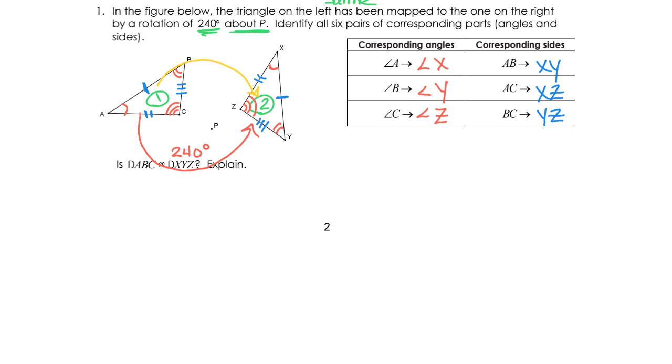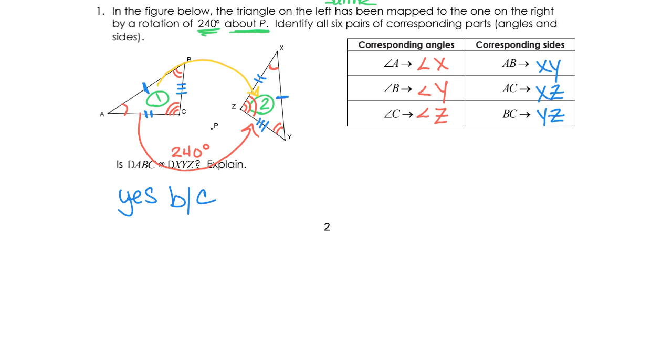Well, up above, they said that congruence is going to happen if there exists a rigid motion. And so I'm going to go ahead and say yes, because right in the little paragraph above in question 1, it says that there was a rotation that happened, and a rotation is a rigid motion.